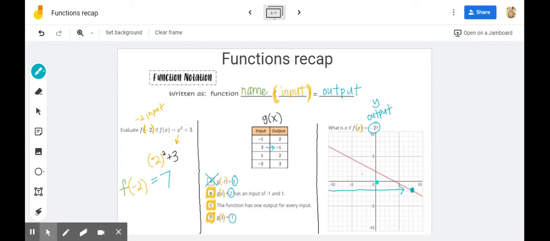So from 0, we went over 1, 2, 3, 4, 5, 6, 7, 8 units to the right. So my input is 8. In order to have an output of -2 based on this function, I had to go to the right 8. So x is 8.